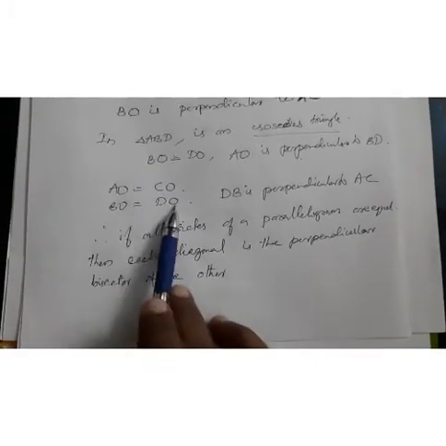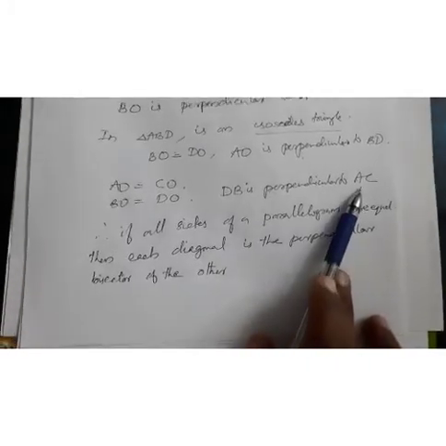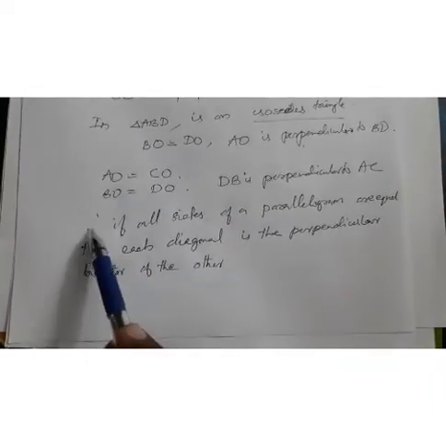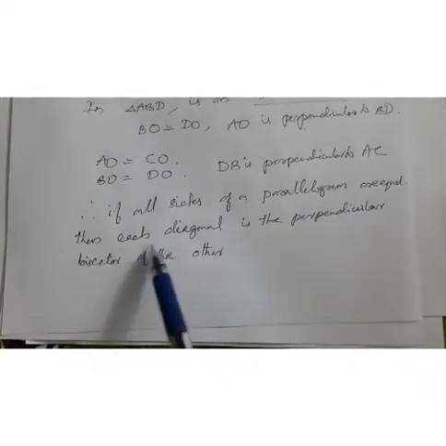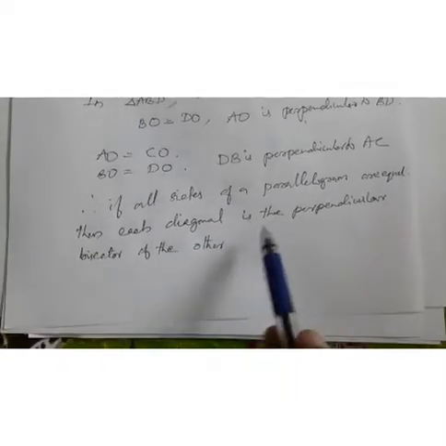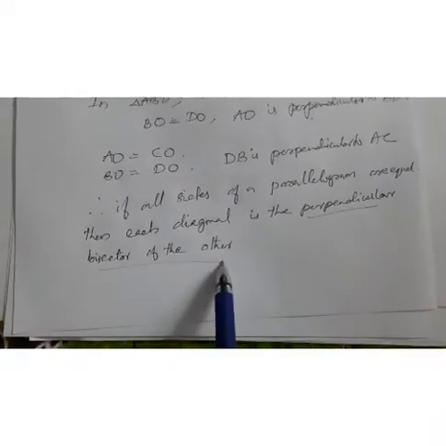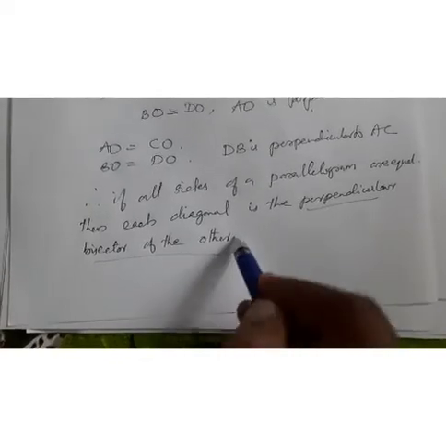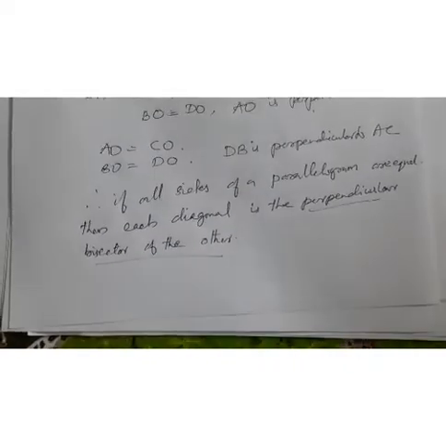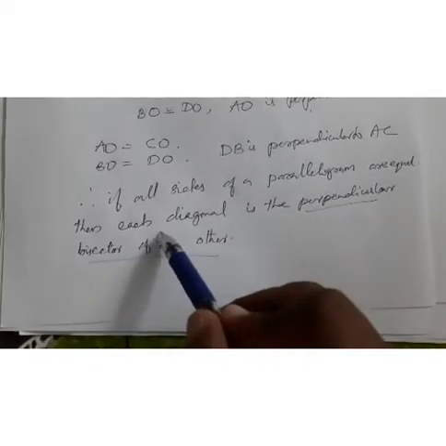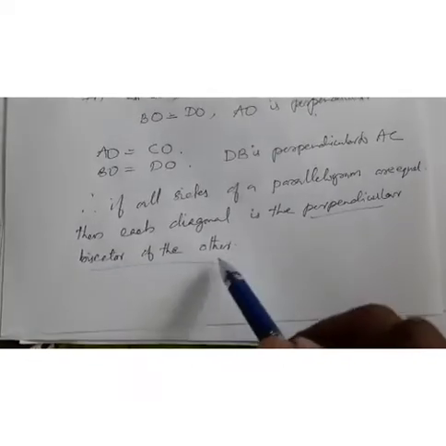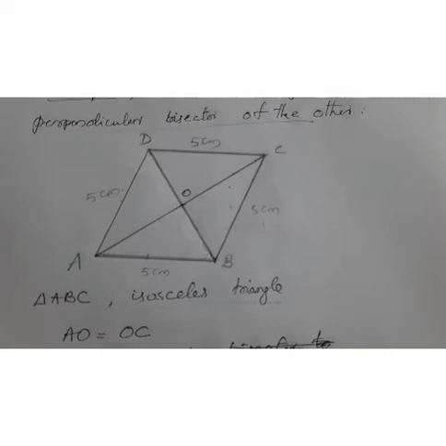So these all are equal and DB is perpendicular to AC. Therefore, if all sides of a parallelogram are equal, then each diagonal is the perpendicular bisector of other. You can write this sentence also.